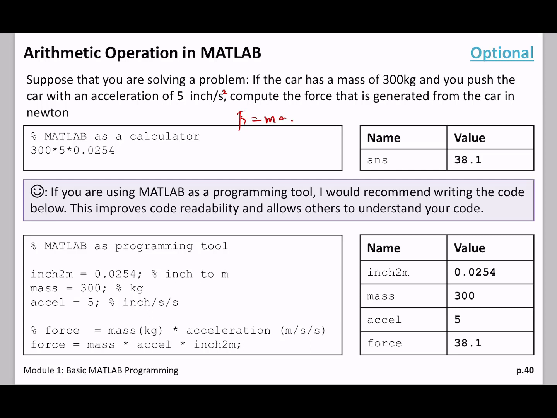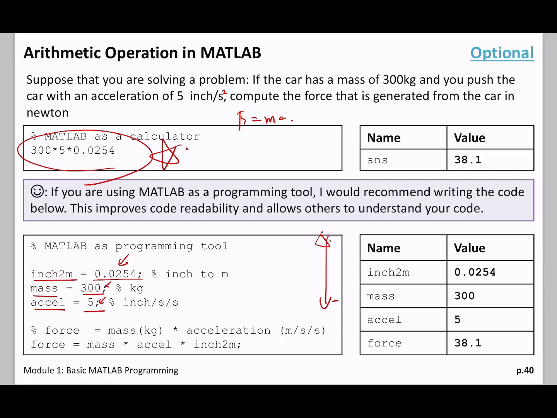Some people write a script like this. I would say these students use MATLAB as a calculator, not a programming tool. The better way to do this is like this. You can use a mnemonic variable name and assign the value. Then you can figure out the meaning of each value, right?